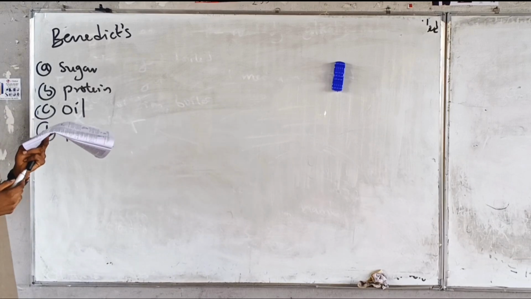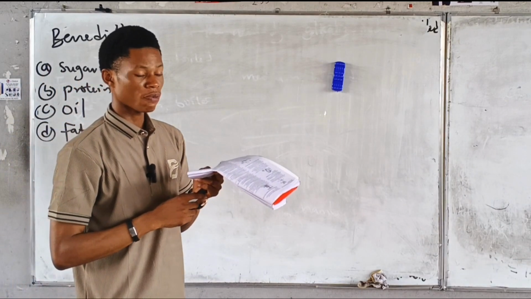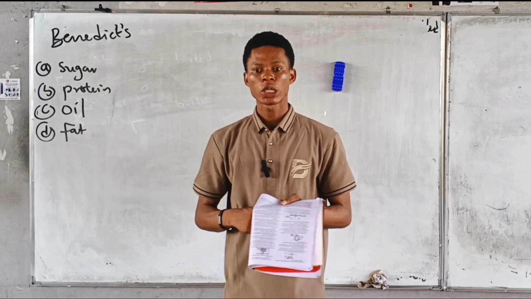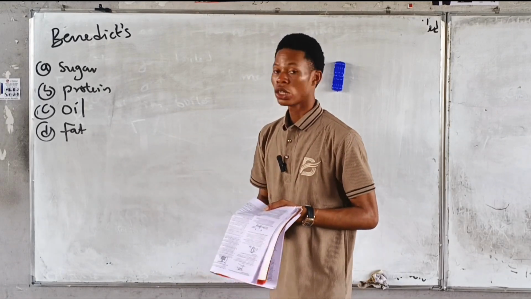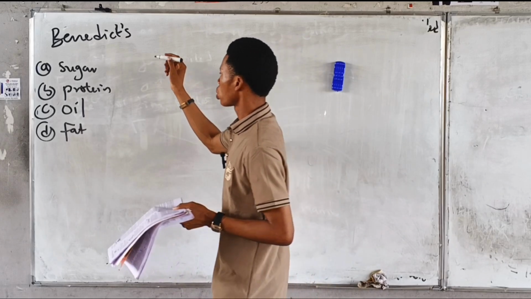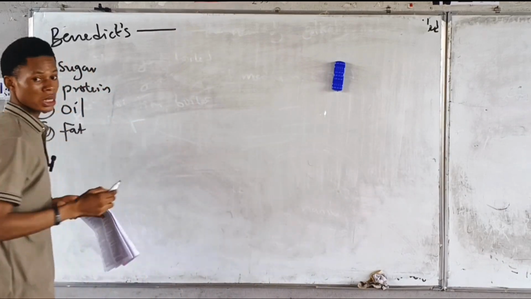So if Benedict's solution gives a positive result in a food test, the food contains what? Please, anyone you're not okay with, ensure you are writing them. Benedict's test is a test for what?